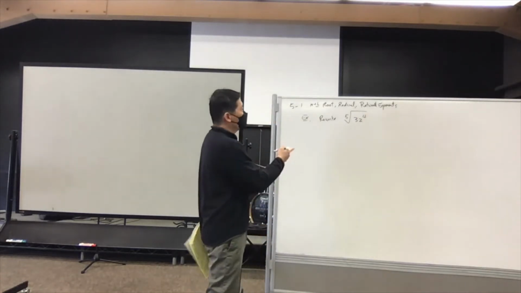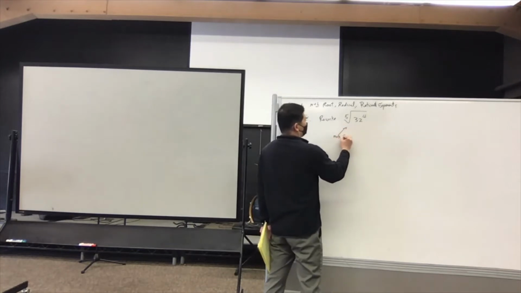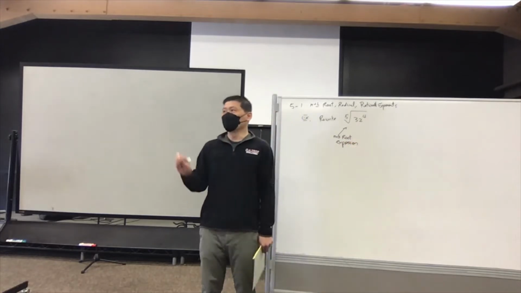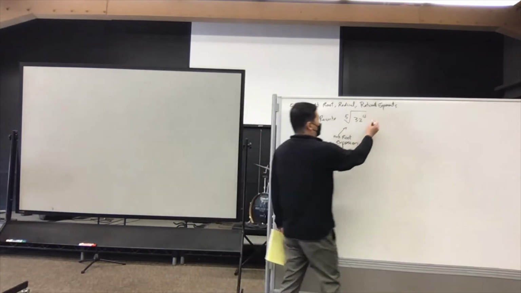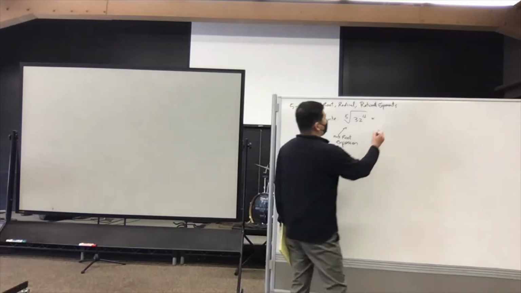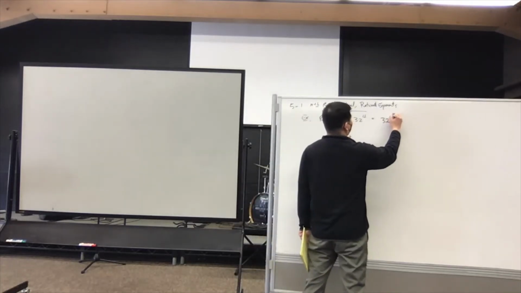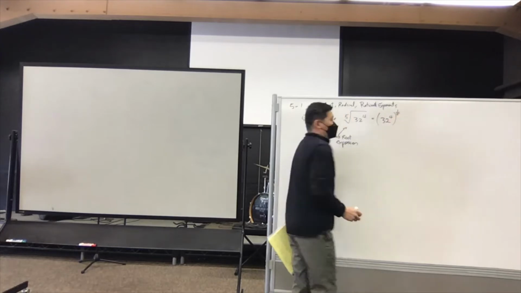Well, in this case, this is an nth root expression. It notates some sort of value. And so I can rewrite this into 32 to the 4th power and to the 1/5 power.